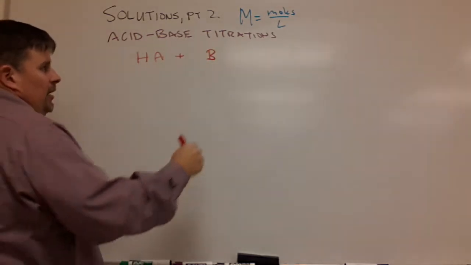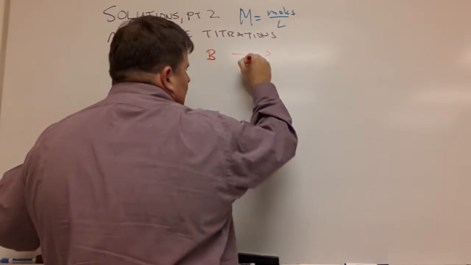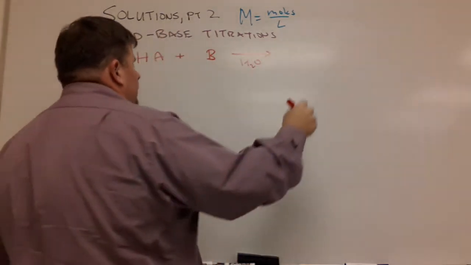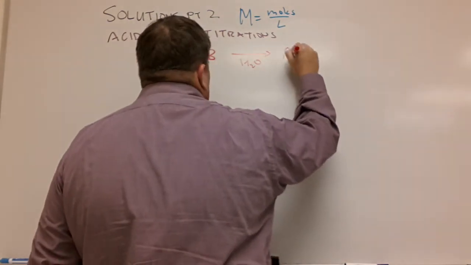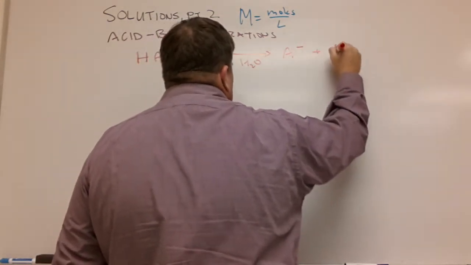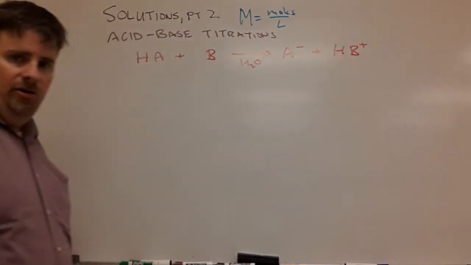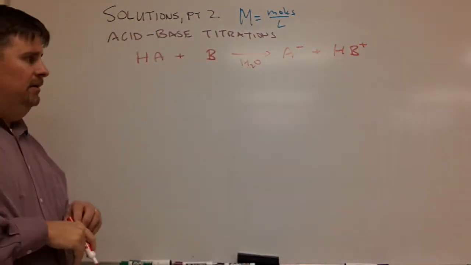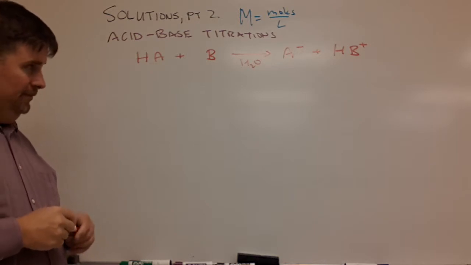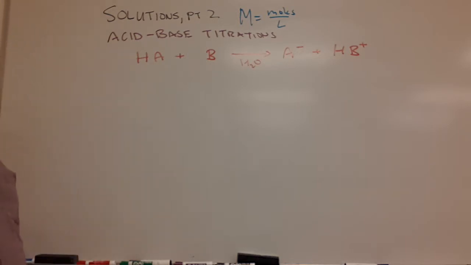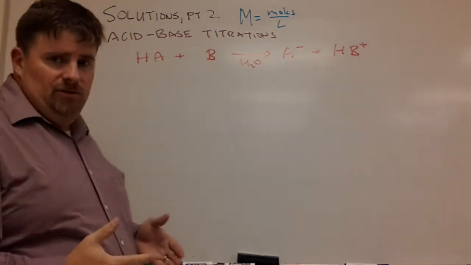And when these two things react in the presence of water generally, what we are going to end up with is A minus plus HB plus. And all of these things are going to be in solution, so I'm not going to write aqueous here just to represent that. So that's the generalized reaction.